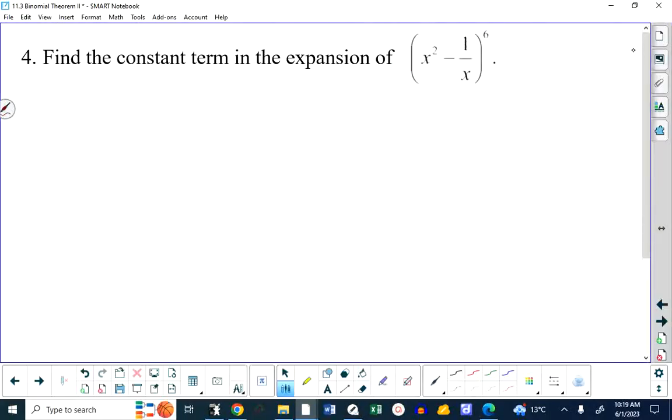What is the constant term in this expansion? Well, a constant term means it's going to contain x to the 0. A constant term means there's no x's.